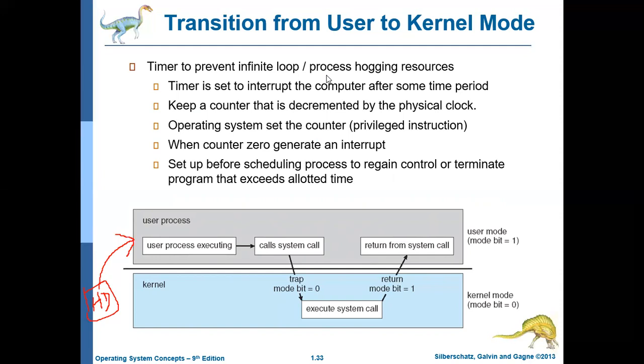During execution, assume the program wants to perform some high privileged task for which it needs the support of the operating system, that is, it needs to access a particular hardware. It cannot do that directly, so it will call the appropriate system call.